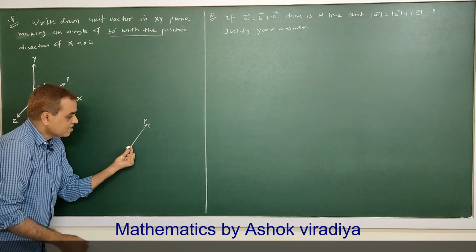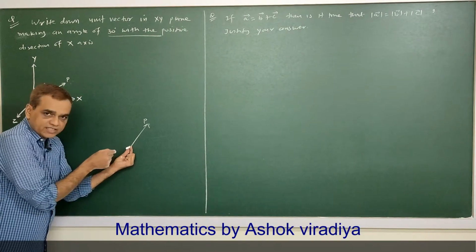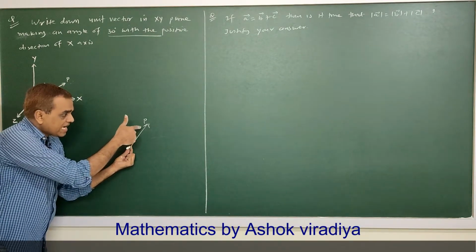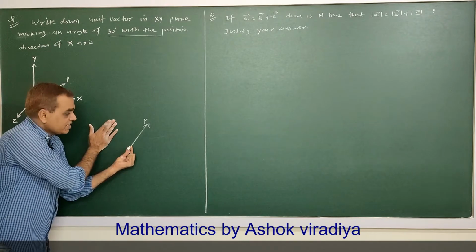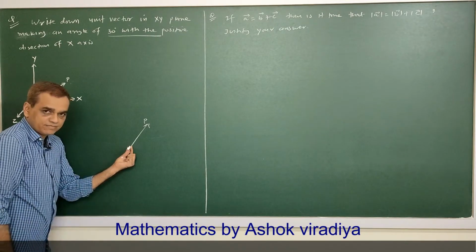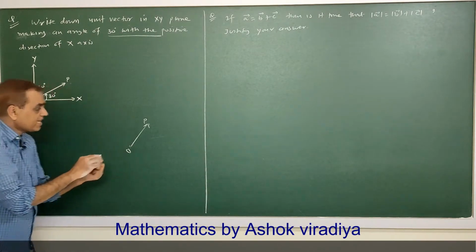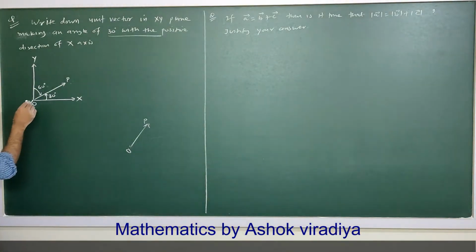So the angle between z-axis and any vector which lies on this surface is 90 degrees. So this vector makes angle 90 degrees with this z-axis.